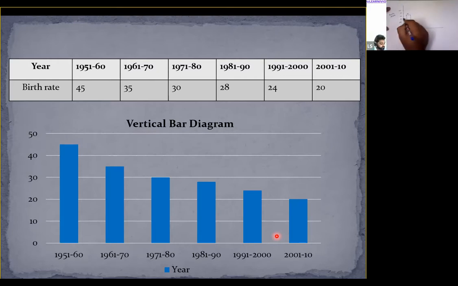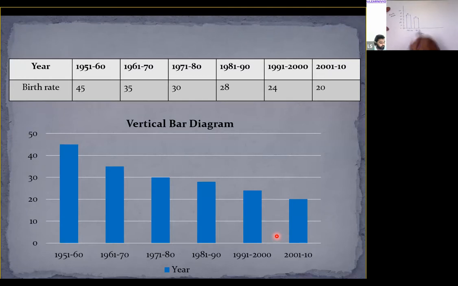So 35 will be somewhere here. You just have to ensure that the distance between each bar is equal, and width should also be equal. I don't have the scale, so I'm assuming that the size of both the bars are equal. So this is 35.